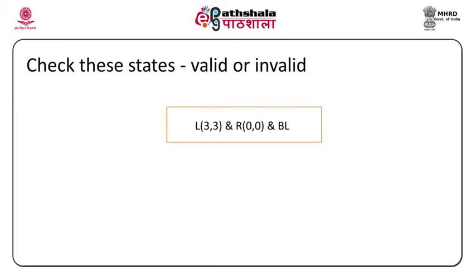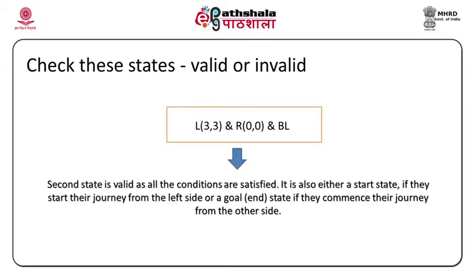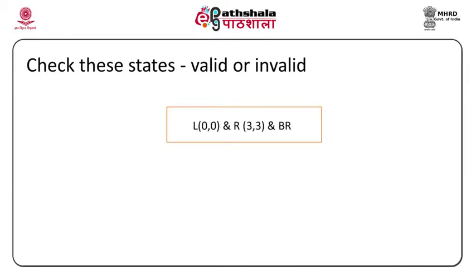L33, R00, is it a valid state? Check it. Number of missionaries 3, number of cannibals 3, acceptable, and on either side of the river, you will not find number of cannibals more than number of missionaries, great. So, this is a valid state, fine. What about this state?